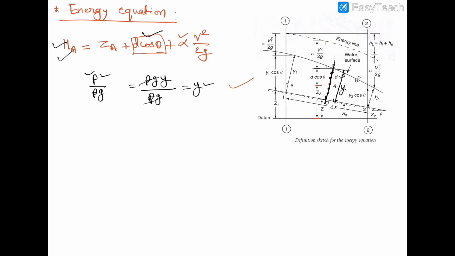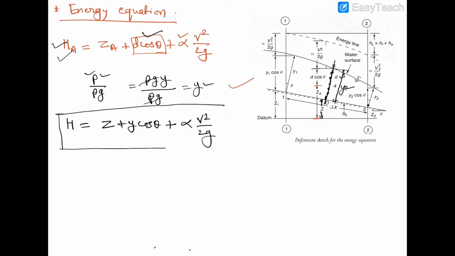Suppose the total depth is y, then at any section where the depth of flow is y and the bed elevation is z from the datum, the total energy we can represent by H is equal to z plus y cos theta plus alpha v square upon 2g.